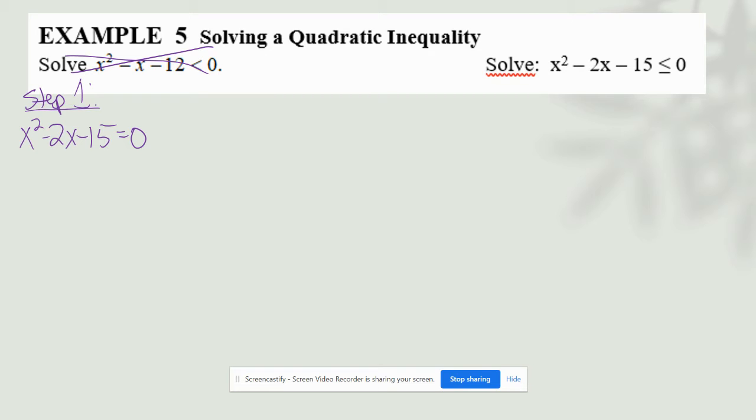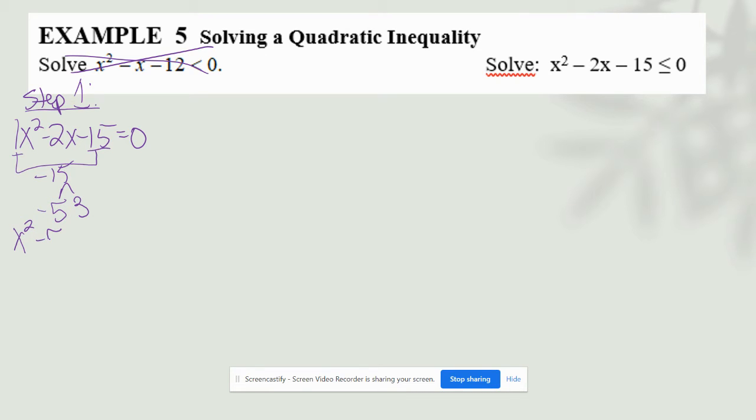Great. We can either factor, complete the square, or use the quadratic formula. If I factor, is there a GCF here that I can pull out? Nope. So 1 times negative 15 is negative 15. The factors of negative 15 that add to negative 2 are negative 5 and positive 3.